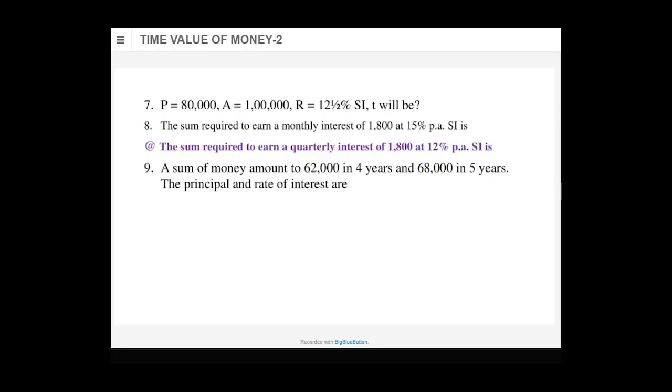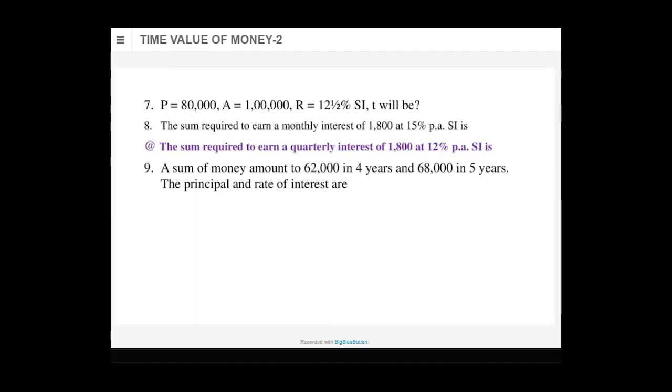The sum required to earn quarterly interest now. That was monthly. Now don't make a mistake here. Quarterly interest. Quarterly means how many months? Quarter. 3 months.